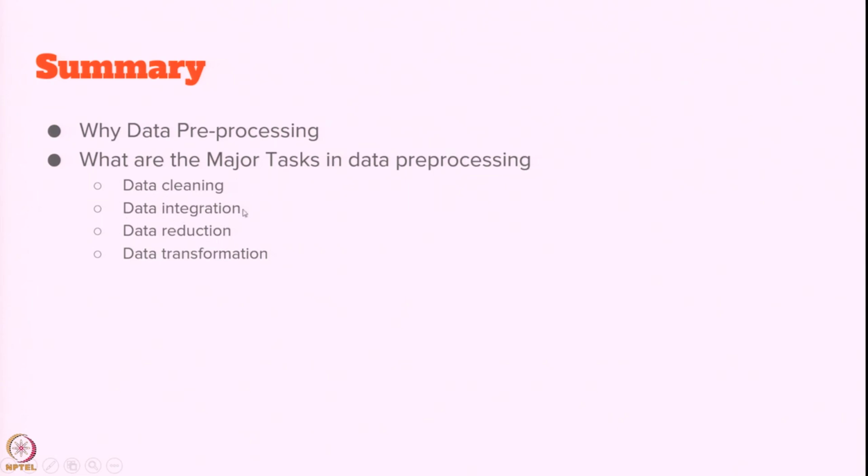In integration we saw entity identification problem. Then we saw data reduction. In data reduction we saw a simple example, and also we know the terms dimensionality reduction and numerosity reduction. And then data transformation. In data transformation we saw normalization, where we scale the given data within a given range.